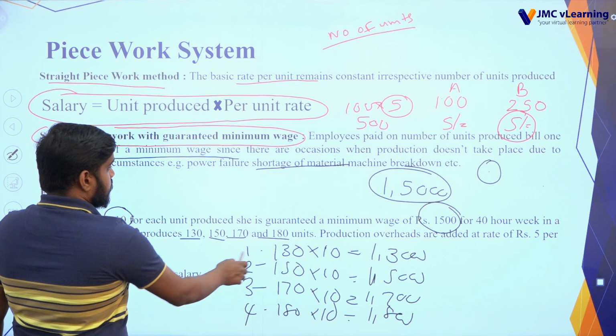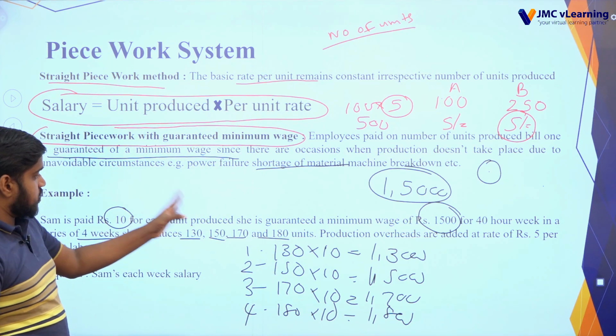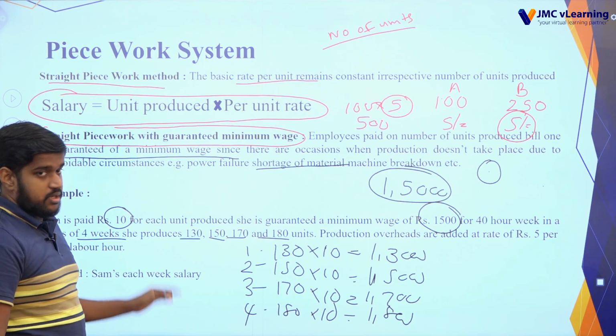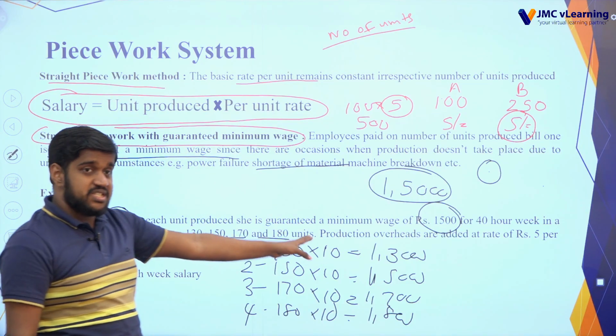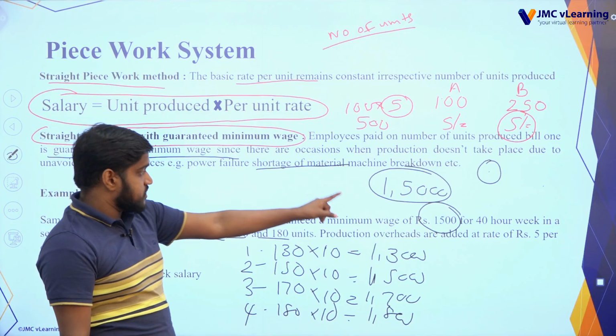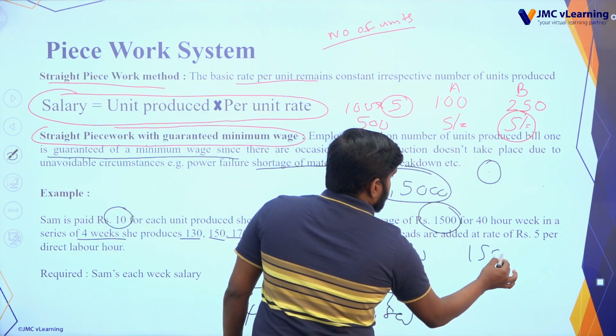When we come to the first week, since her production is only limited to 130 units, she can only get 1,300. But her minimum wage is how much? Her minimum wage is 1,500.